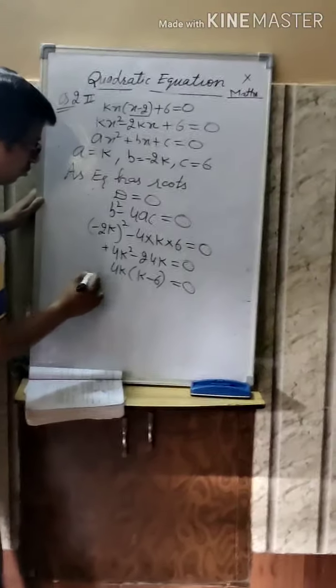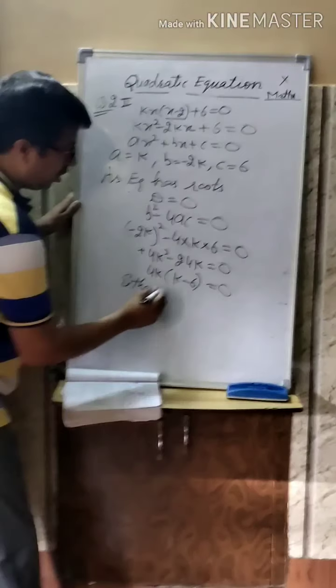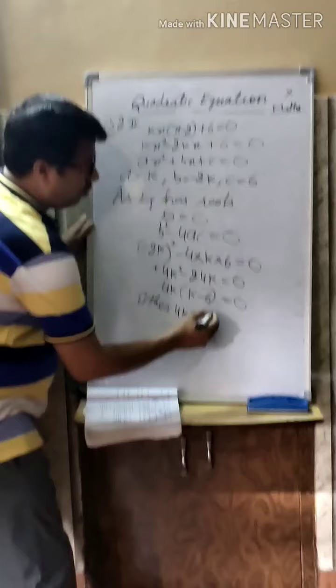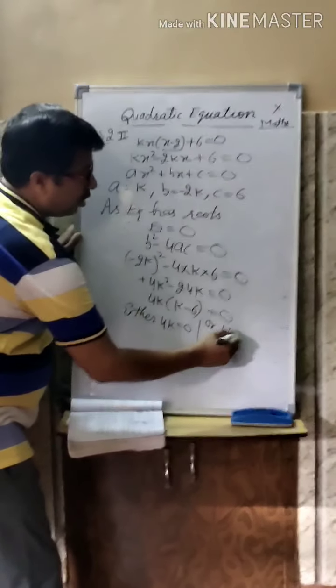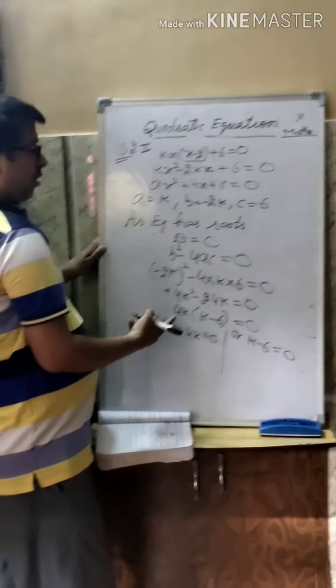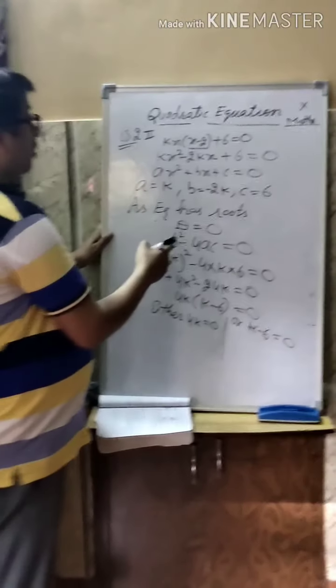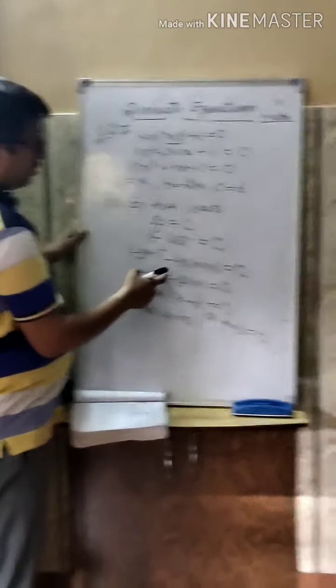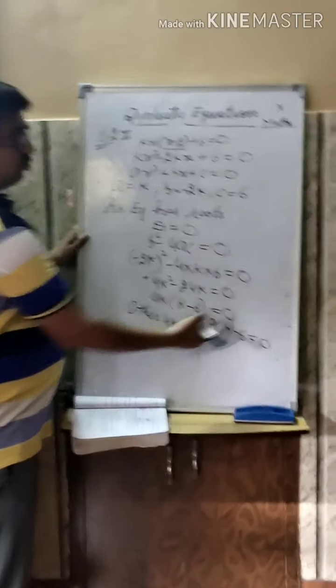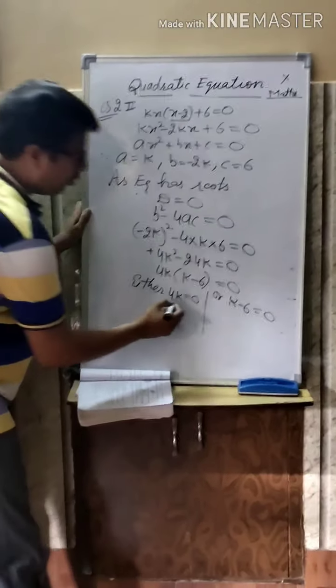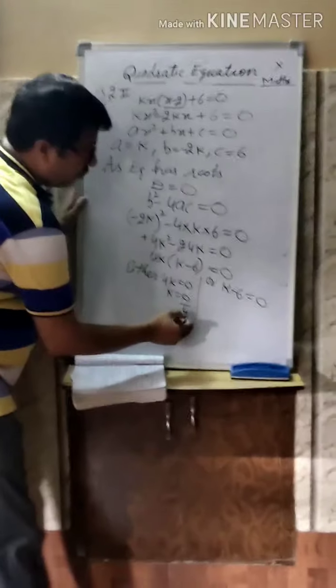You can see 4k common, k minus 6 equal to 0. So the product of these two, either 4k equal to 0 or k minus 6 equal to 0. Don't say 0 upon 4k is equal to 0, because here it is power 2, so 2 values of k will come. So k is equal to 0 by 4.